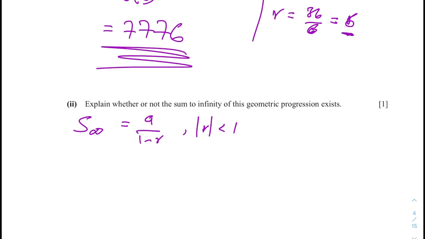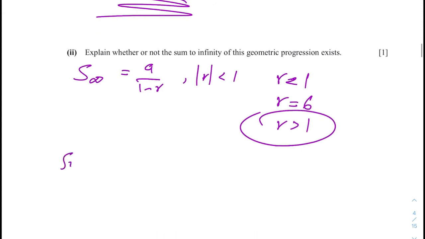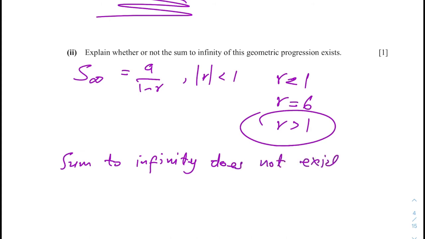What is our common ratio? Our common ratio is 6. Right, we are supposed to get a common ratio less than 1, but our common ratio is 6, which is greater than 1. So what can we say? Well, we can say that the sum to infinity does not exist for this GP.